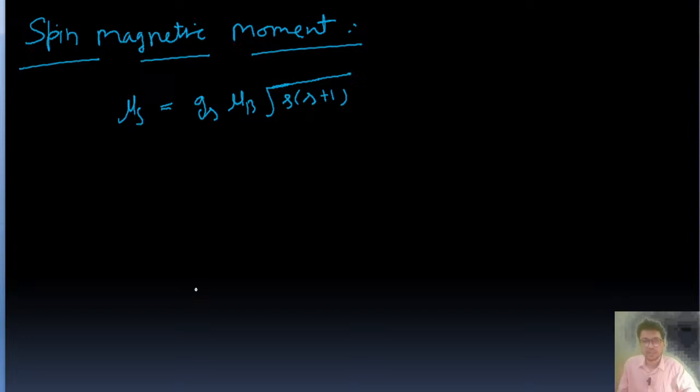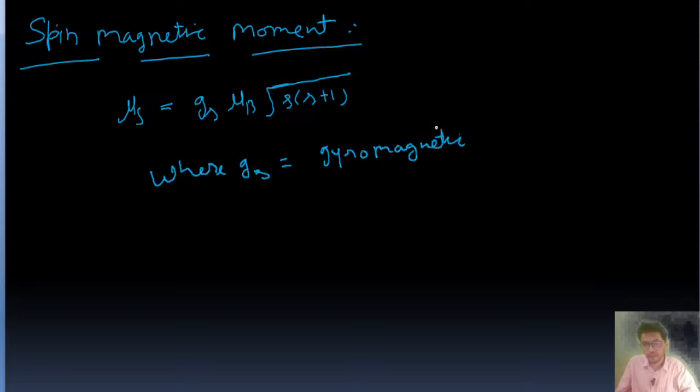Similarly, mu s is the spin magnetic moment, mu s is gs mu b root s into s plus 1, where gs equal to gyromagnetic ratio of electron spin.